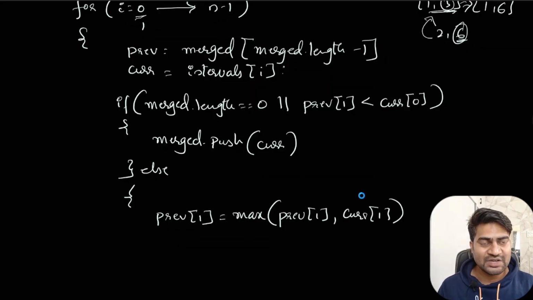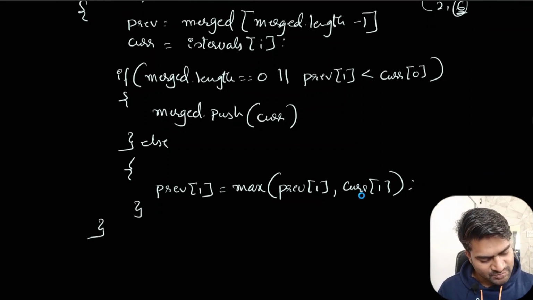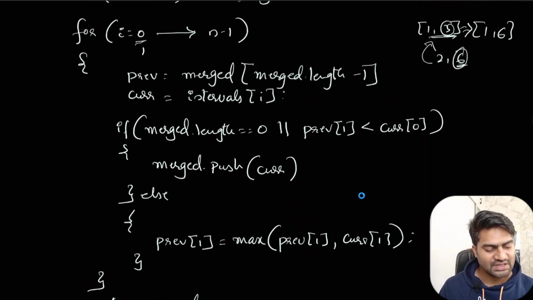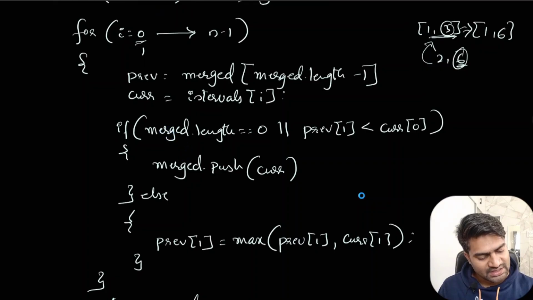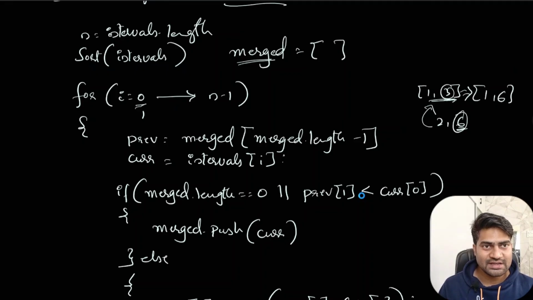So this will simply update the max value. Then finally, after processing, we will return our merged. So if you see, we are able to merge in only single iteration, and it happened only because we were able to sort the intervals.